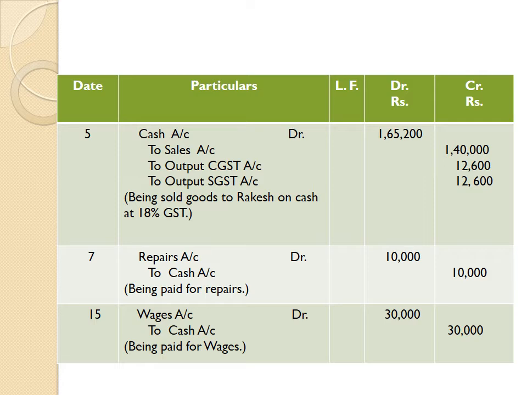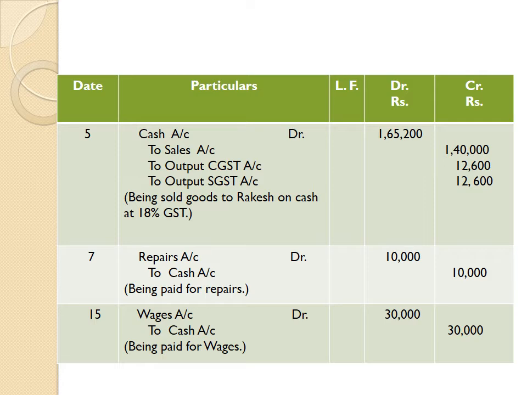So entry for it. Goods sold to Rakesh on cash on 5th May 2021. Entry for it. In date column 5. Goods sold, cash received to us, cash account debit.